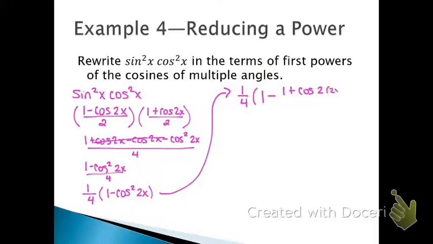It's 2x over 2. Yes. Because in the formula, cosine squared of u equals the rest of the formula. So my u is that 2x right there. So that's why in the formula, right here is where it has 2u, so the u is 2x.